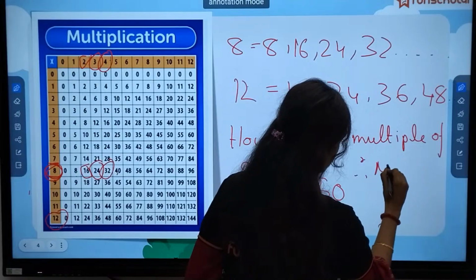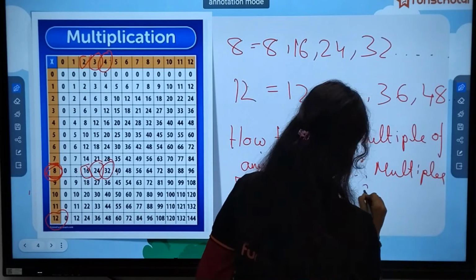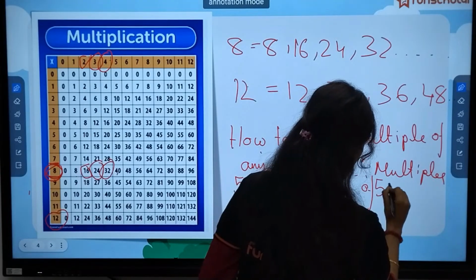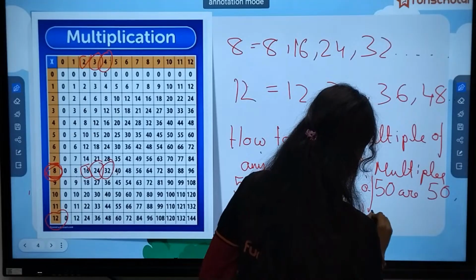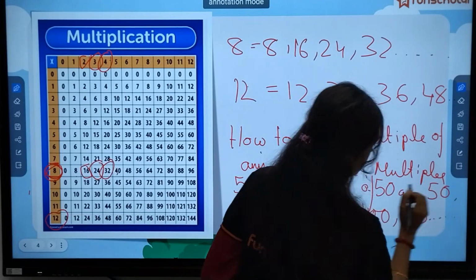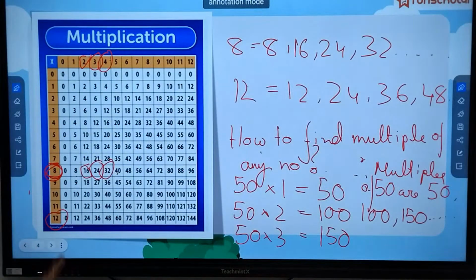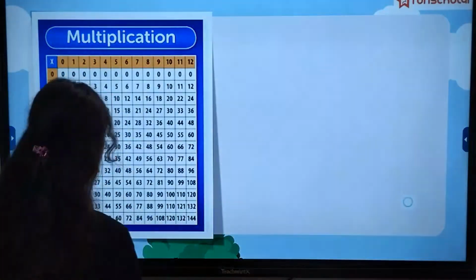Therefore, multiples of 50 are 50, 100, 150, and so on. Right? Clear? Easy? Okay. Now, next.